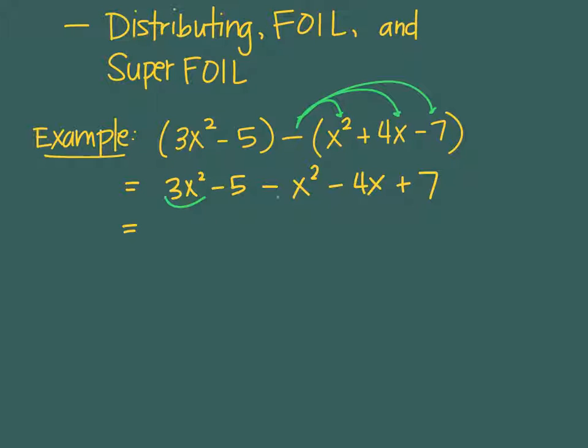So I've got 3x squared minus a plain x squared, so that gives me 2x squared. What's going to come next? Right, the 4x, and there's nothing else to combine with it. It's the only 4x. And at the tail end, we're going to group together the minus 5 with the positive 7, because neither of those have an x on them, and so those turn out to be plus 2. So that's an example of distributing, but you're distributing a negative.